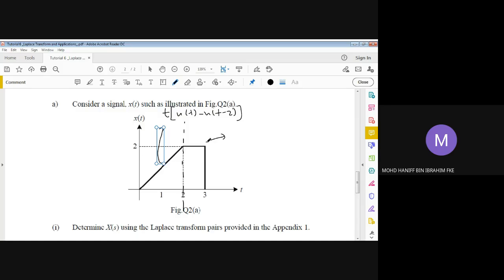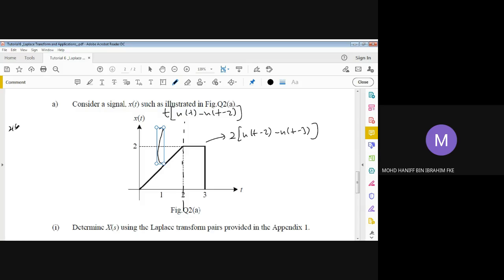Whereas for the second step function, which is between 2 and 3, we're going to have 2 of ut minus 2 minus ut minus 3. Okay, so we're going to have these equations here. So we can rewrite the xt based on these two equations of the signals.